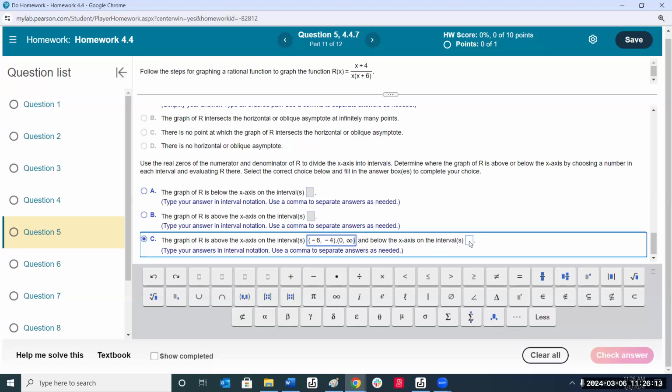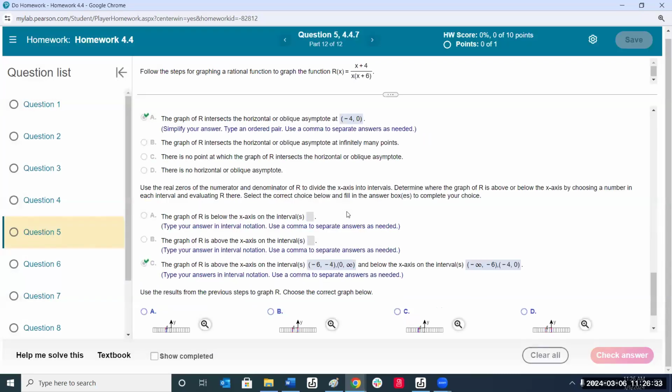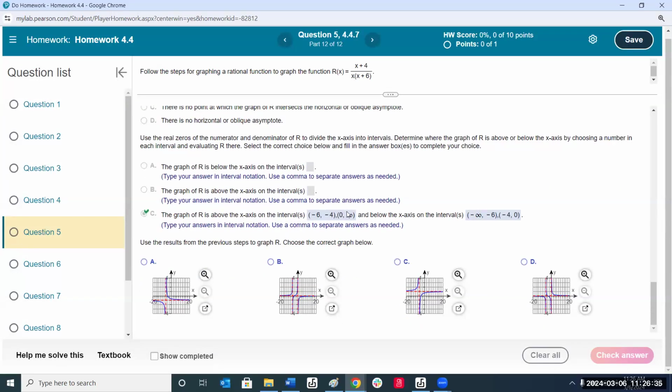And below the x-axis at -infinity, comma, -6, and from -4 to 0. It's this one.